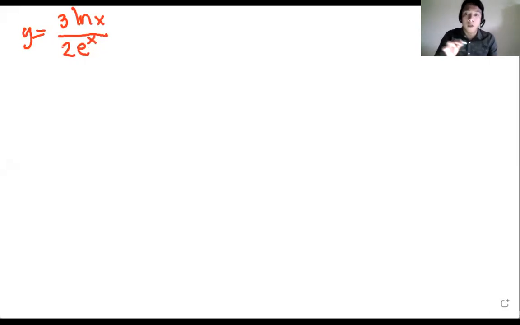Okay? So medyo naging complicated lang siya konti, but the same process is easy. So ang unang gagawin natin is we need to follow the division rule of differentiation.